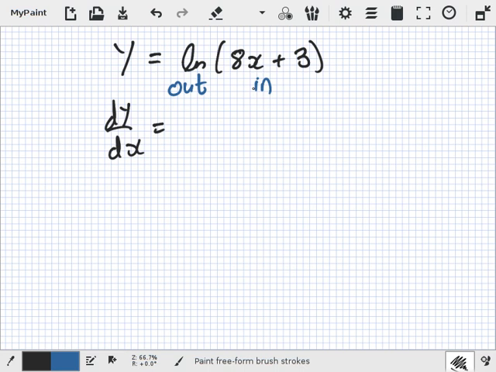That's it, yes. It's 1 over x. So here, it'd be 1 over 8x plus 3. Now, with the chain rule, there's an extra step. You have to multiply by the inside derivative. So what's the derivative of 8x plus 3? 8. And that's the answer then.